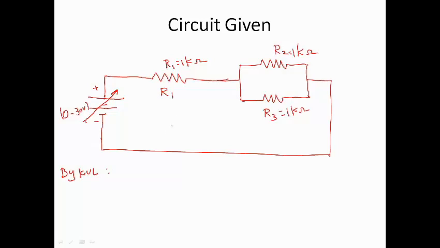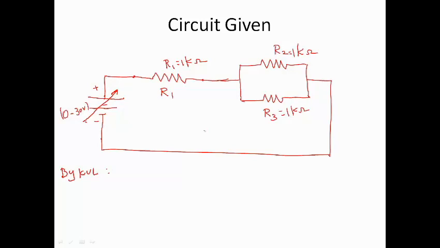Say if I want to measure the potential difference between this point and this point, that is the voltage across this resistor, I need to connect a voltmeter across this resistor. Similarly, these two resistors are in parallel. We know in parallel the voltage is going to be the same. So I need to connect another voltmeter to measure the voltage across R2 and R3. And to measure the supply voltage, I need to connect another voltmeter.